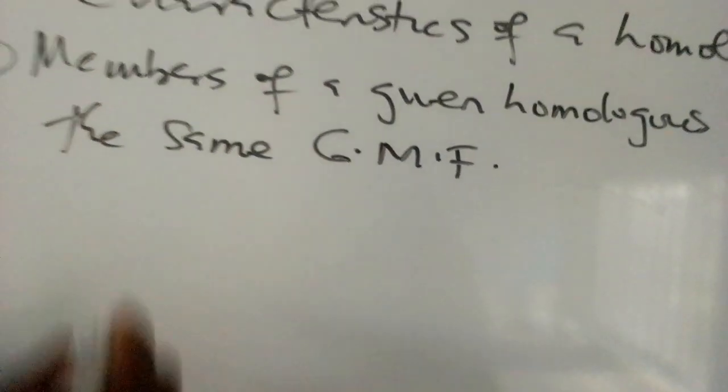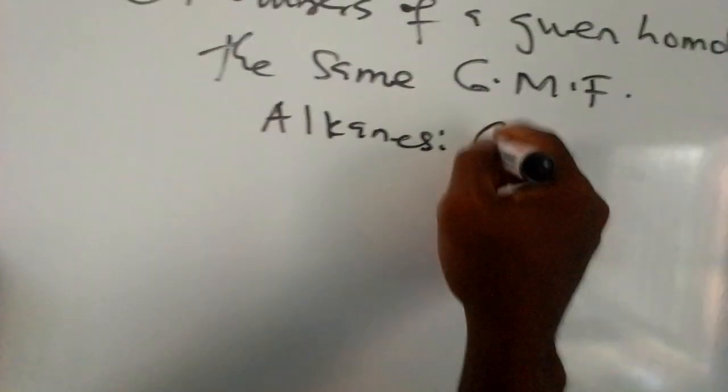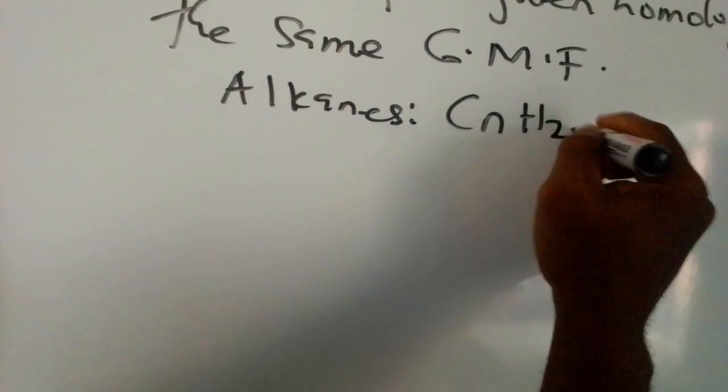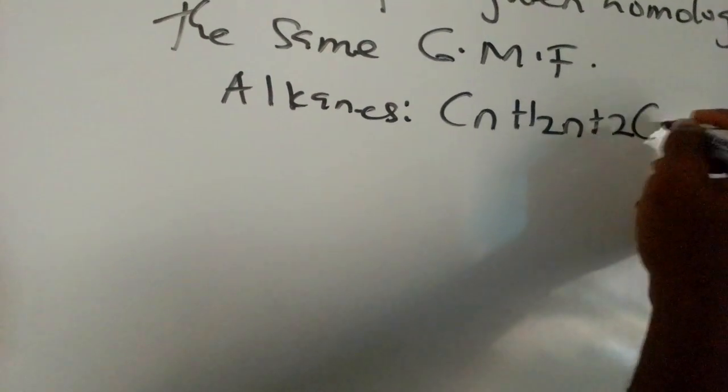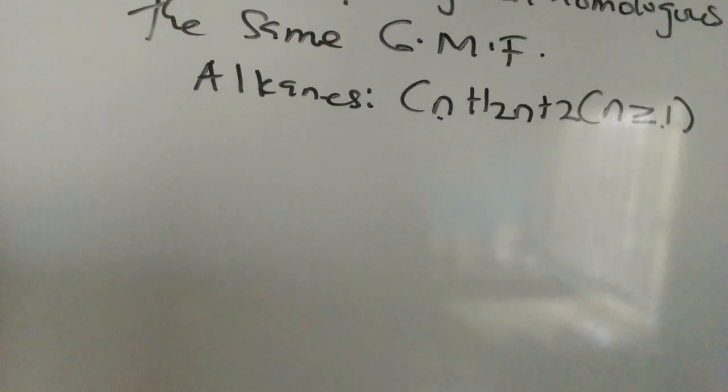For instance, you know that all alkanes correspond to the formula CnH2n+2, where n starts from 1. To get the first member, replace n with 1. Second member, replace n with 2. Third member, replace n with 3, and so on.